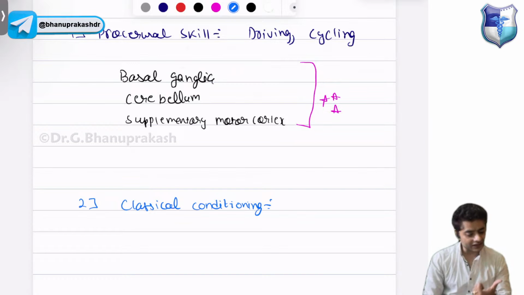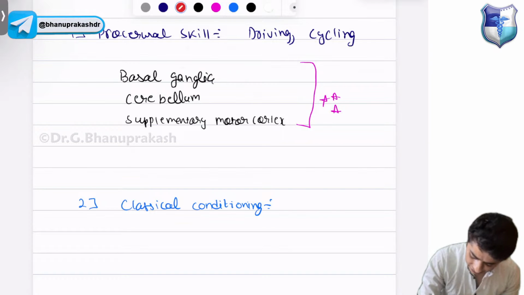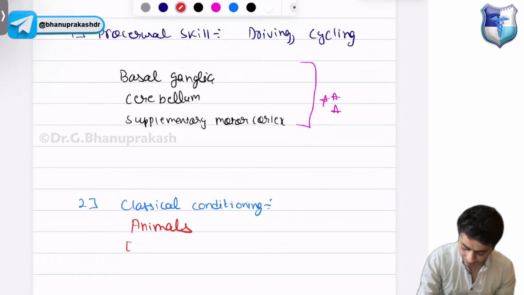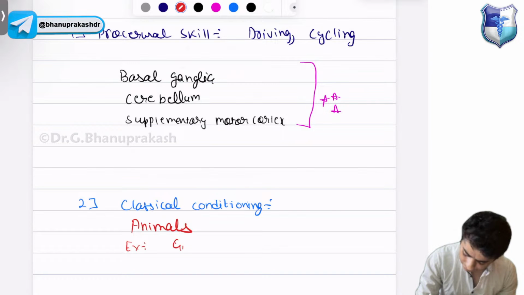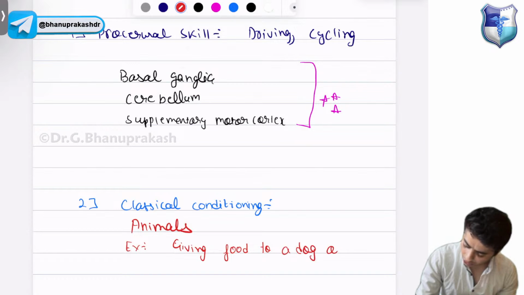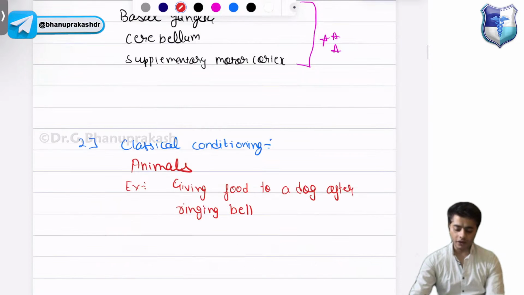Everyone got the concept? Classical conditioning is generally in animals. Example: giving food to a dog after ringing a bell.